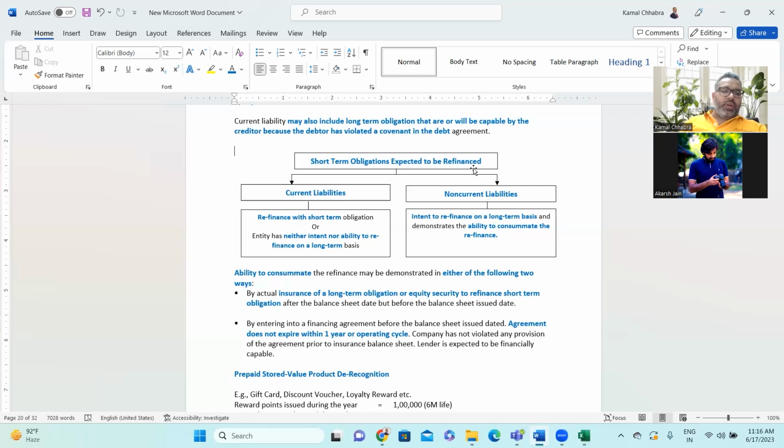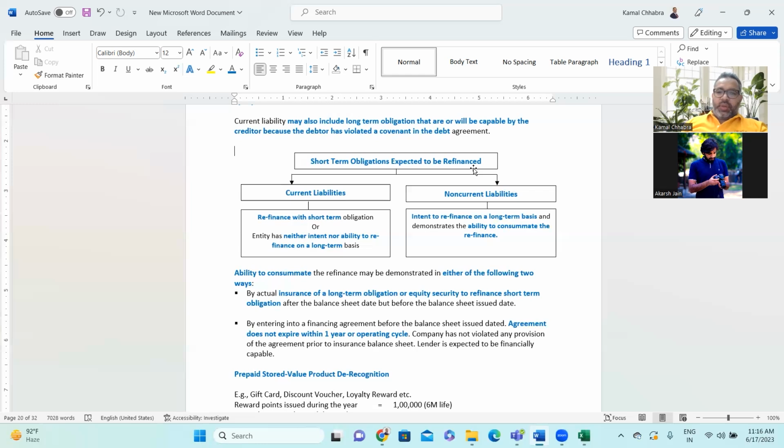but next month you are expecting a jackpot, and in the following month you would love to repay all your loan and live a debt-free life. That kind of scenario could be possible. So look at the left-hand side, the current liability. Refinance with a short-term obligation, or the entity has neither intent nor ability to refinance on a long-term basis.